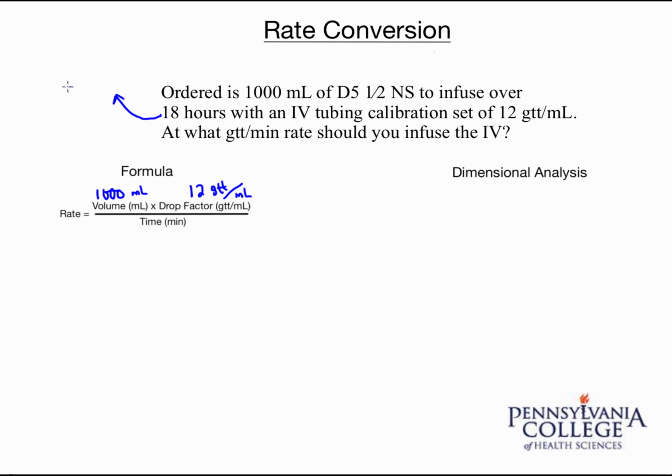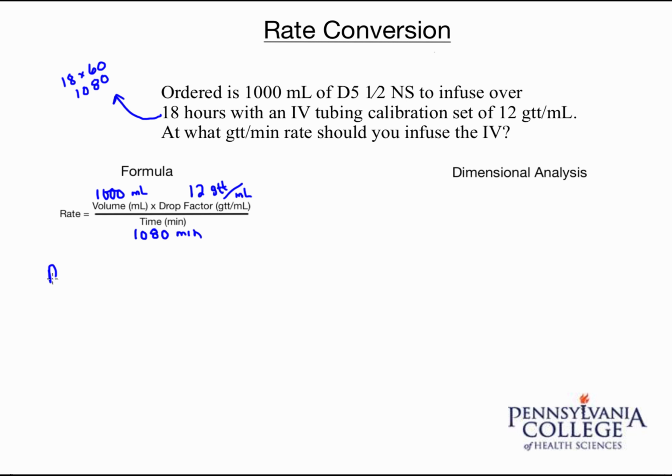So if I take 18 hours and multiply that by 60, I will get the total number of minutes that I need. 18 times 60 is 1,080. So this infusion would take place over 1,080 minutes.